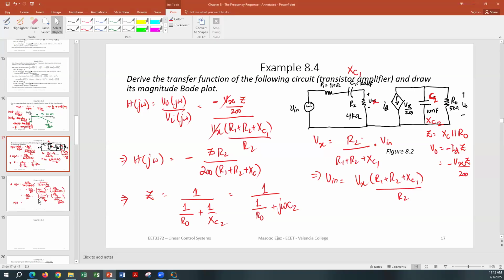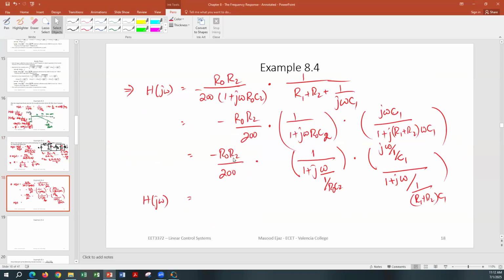And now I go here. R naught R2 over 200. So let's say K is R naught times R2 divided by 200. That's 100,000.